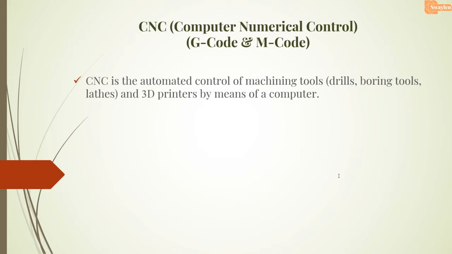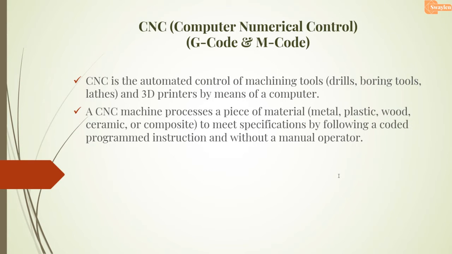Now, CNC is the automated control of machining tools like drills, boring tools, lathes and 3D printers by means of a computer. Next, a CNC machine processes a piece of material like metal, plastic, wood, ceramic or composite to meet specification by following a coded program instruction and without manual operator.